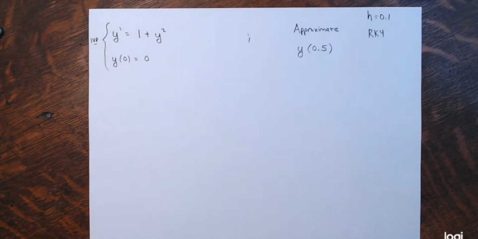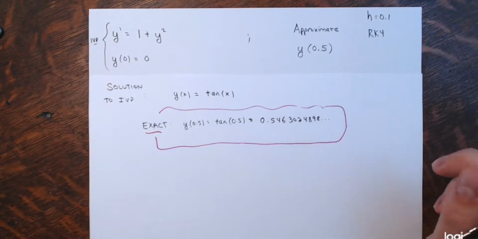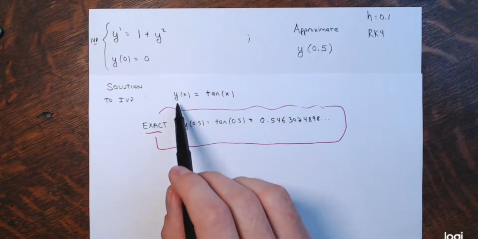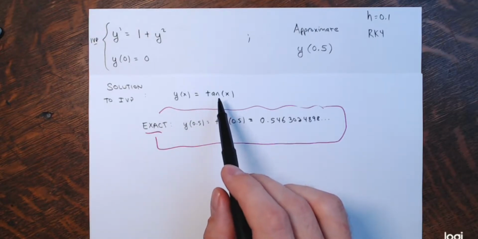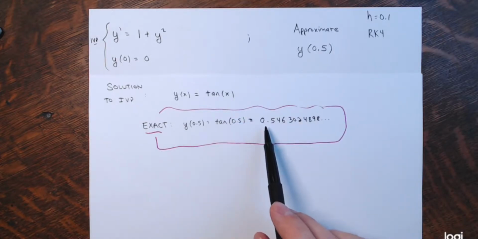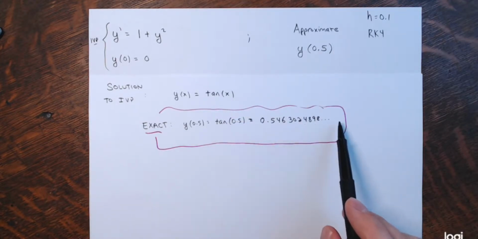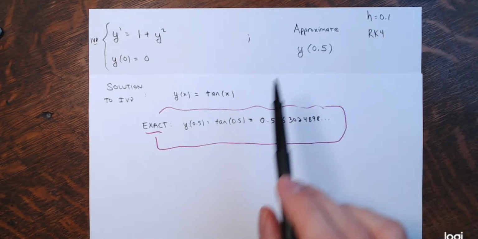Now, as in the last video on the improved Euler method, we know the exact solution. This is something that's separable. You could pretty easily find the solution to this as y equals the tangent of x, and the tangent of 0.5 radians is 0.546302, and so on. So there's the exact value of y at 0.5.